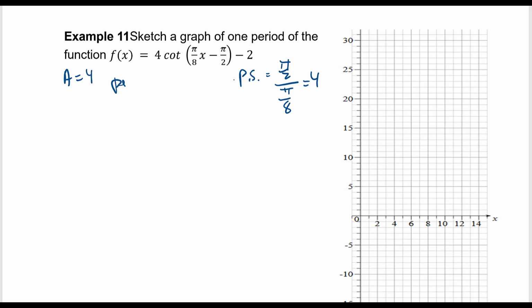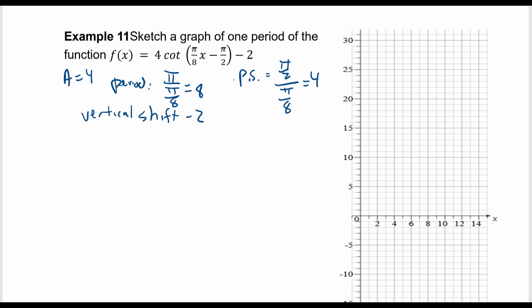Our period is going to be pi divided by pi over 8, which is 8. Okay, that makes me feel better. I was afraid our phase shift was going to be more than our period. And then we have a vertical shift of -2. So it's going to go down 2.